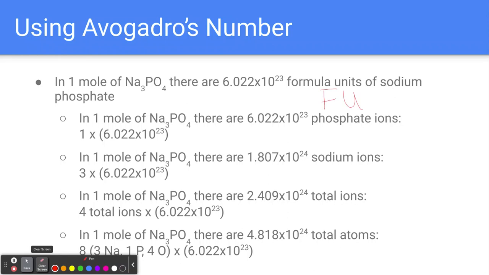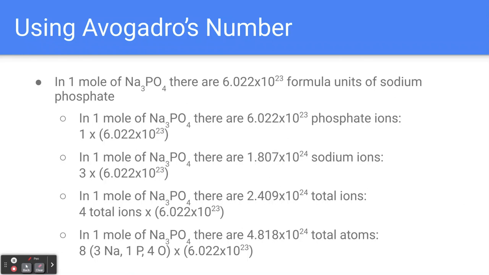Formula units just means how many of these groupings are there. You could have sodium chloride. You could have barium hydroxide. You could have iron oxide. Those are all examples. All of those, if they're ionic, those are what we call our formula units, okay?